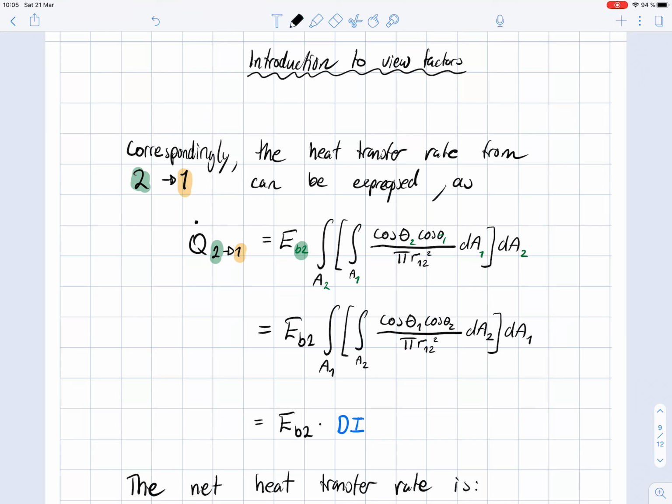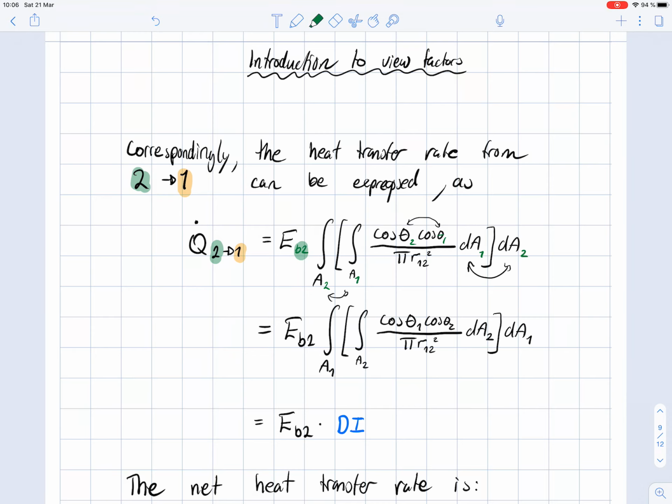We would interchange the order of the integrals, and also the order of the two cosine factors. But of course, we are free to change the order of the integrals. That does not change the value of the integral.